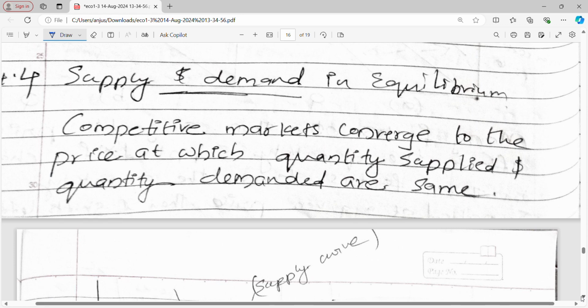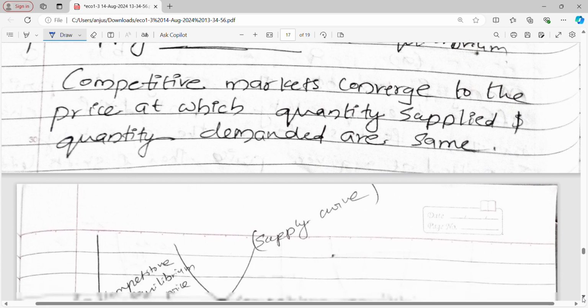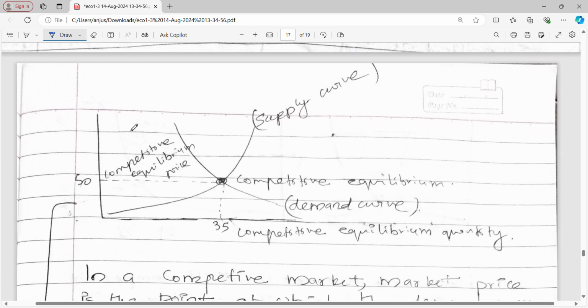Next is supply and demand equilibrium. Competitive markets converge to the price at which quantity supplied and quantity demanded are the same. That is, if this is the supply curve and this is the demand curve, they intersect at this point.